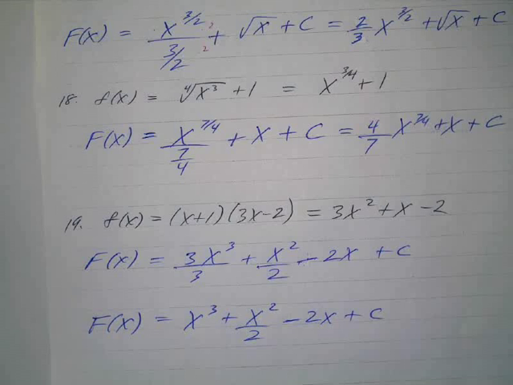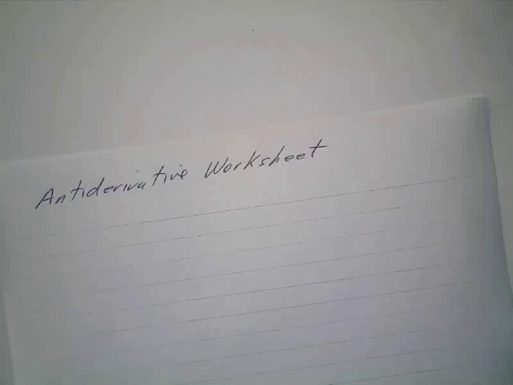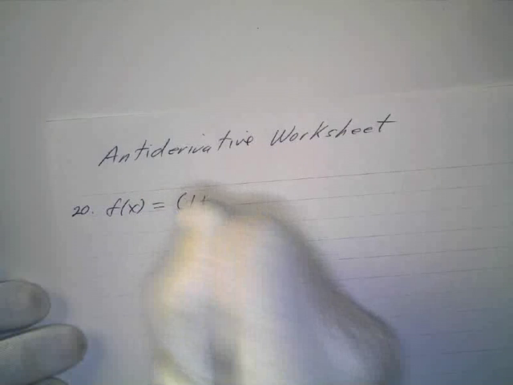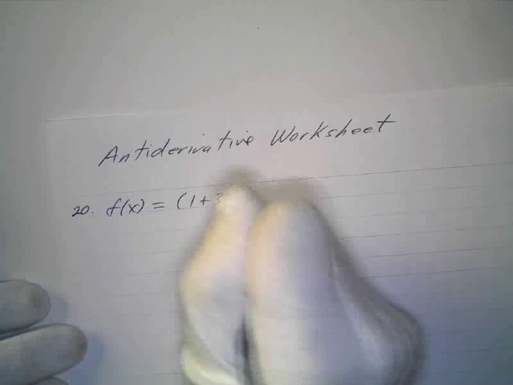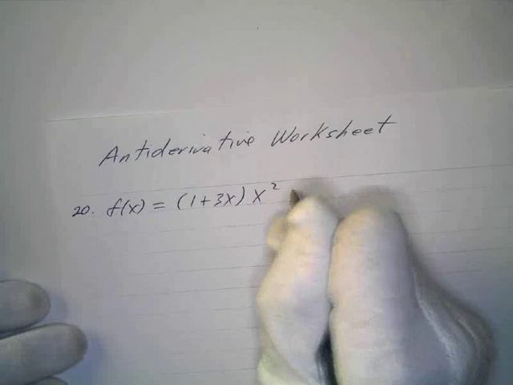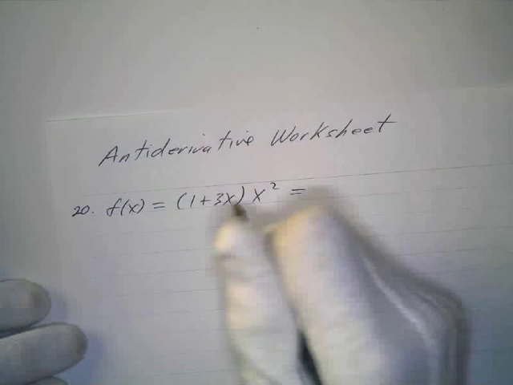And let's see if I can get one more in, number 20. F of x equals, oh my gosh, 1 plus 3x times x squared. And again, we just have to multiply this out because it doesn't make any sense to do it the other way.